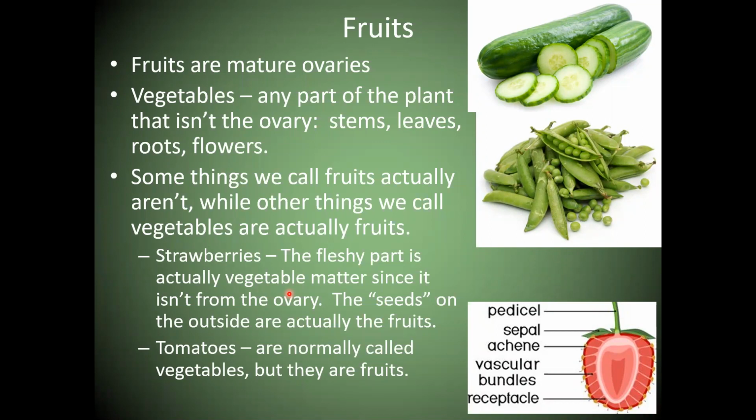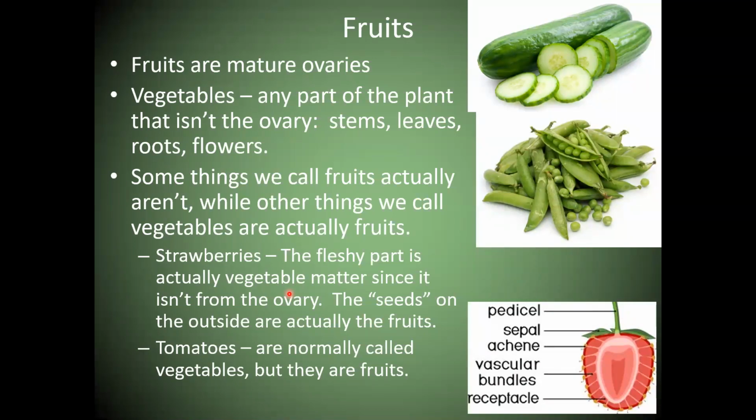And some things that we generally in the market, in the household, call a vegetable are not actually vegetables, and some we call a fruit actually aren't fruit, right? For example, tomato, people call it a vegetable, but it ain't. It's actually a fruit because it's a mature ovary that becomes the tomato.